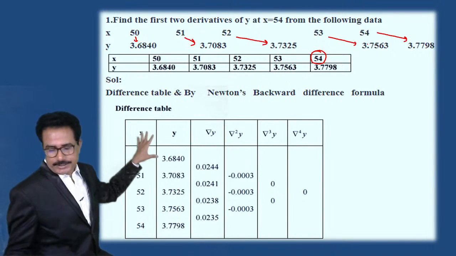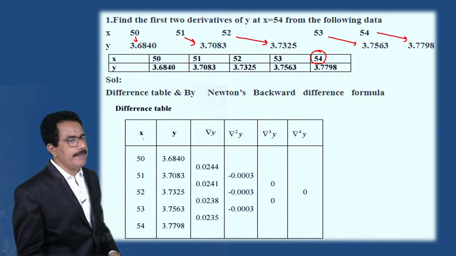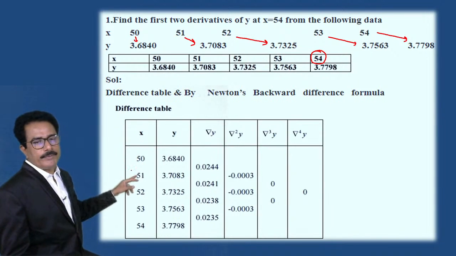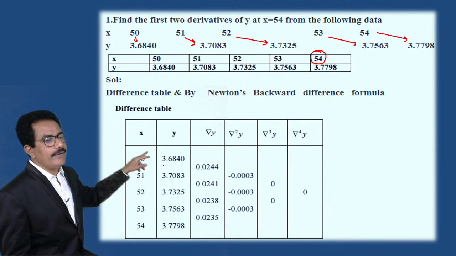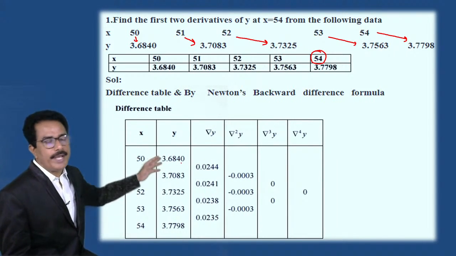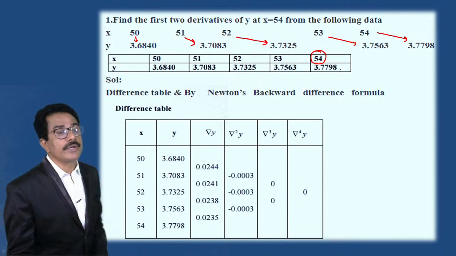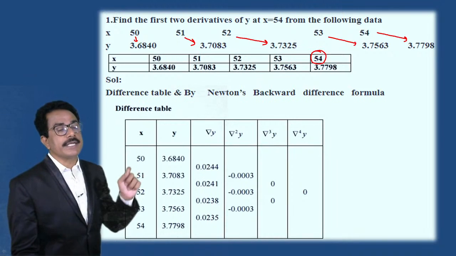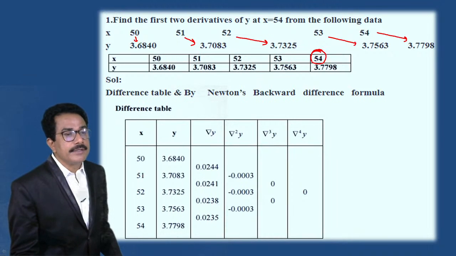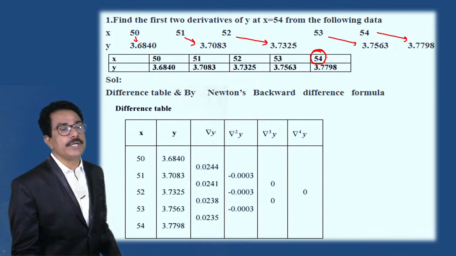So we can construct the difference table. In the difference table, x is 50, 51, 52, 53, 54, and y is 3.6840 and so on. In this way we can put the values of y. We have to calculate the first and second derivative at x is equal to 52.